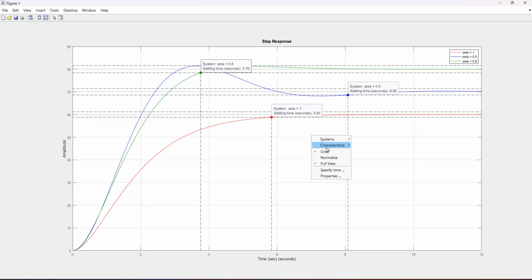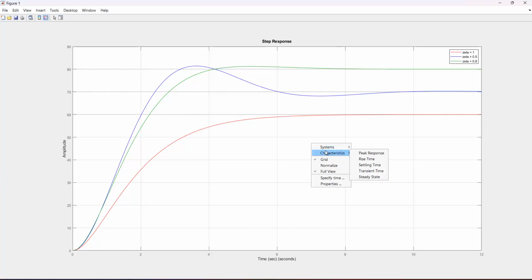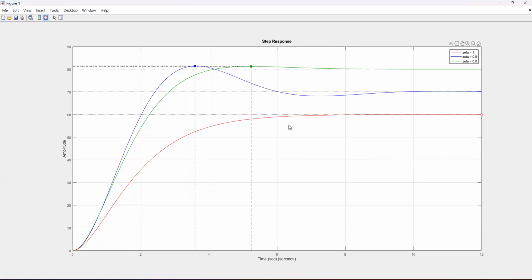But we can also see that we have the peak response here. Just see that if the zeta is equal to 0.5, we have an overshoot value of 16.3, okay? This is around the steady state value overshoot, and so we have this kind of difference between the steady state and the maximum amplitude value.